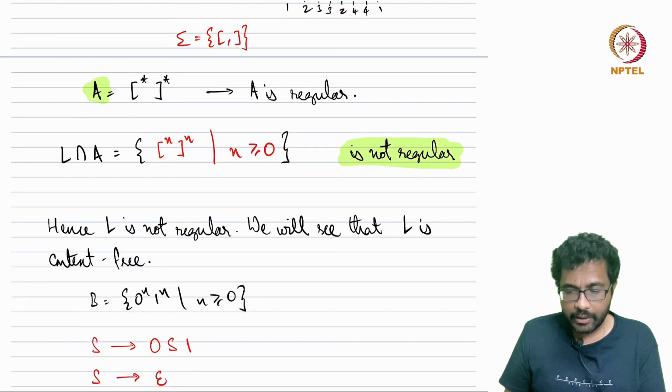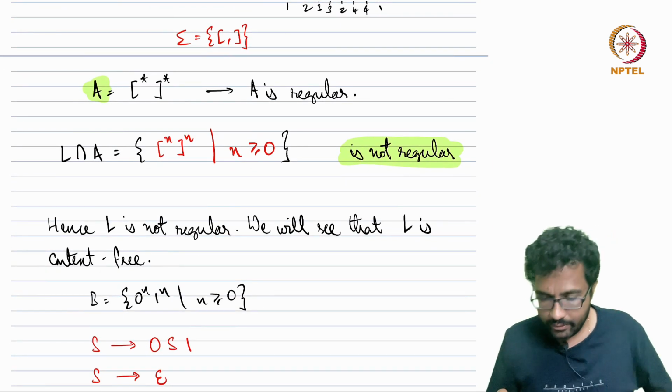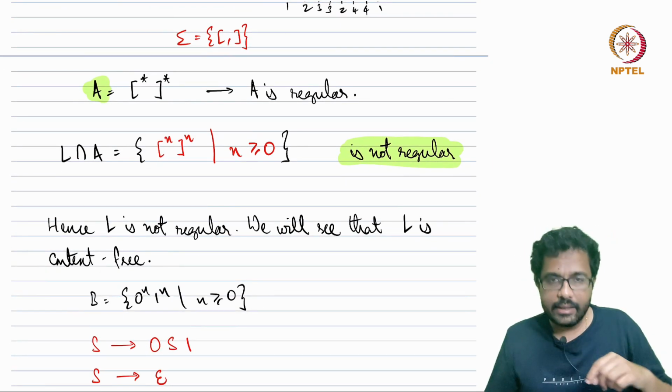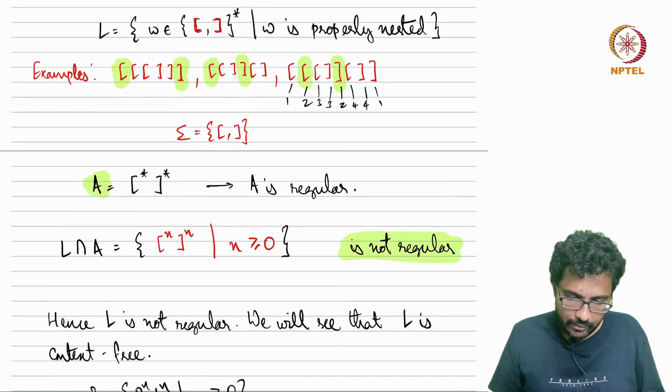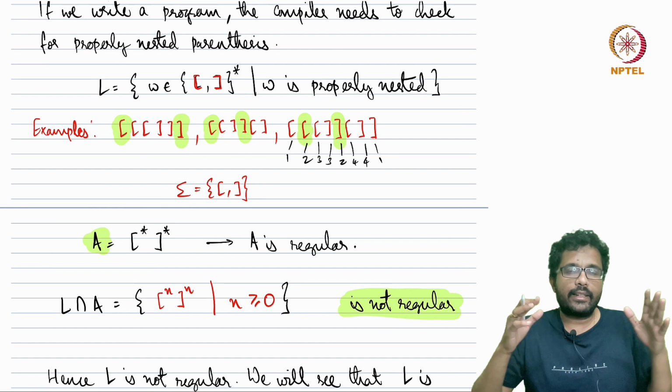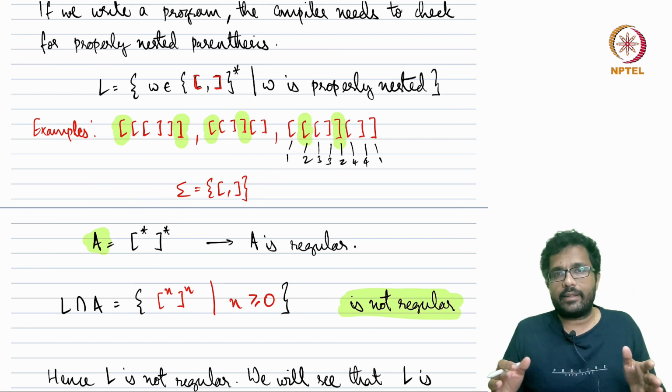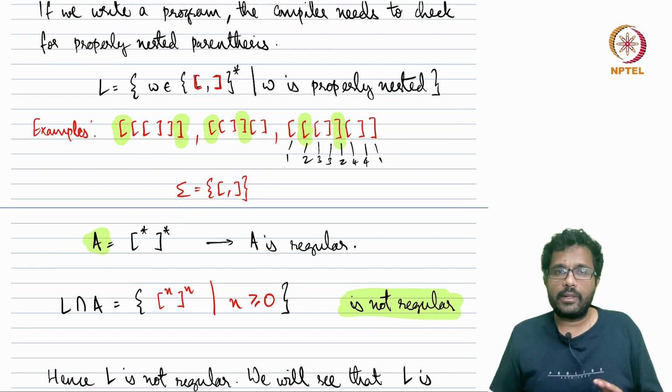But we can show that L is context free. For instance, we'll soon see a context free grammar that generates all the bracket pairs which are properly nested.